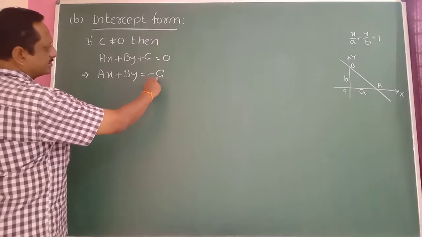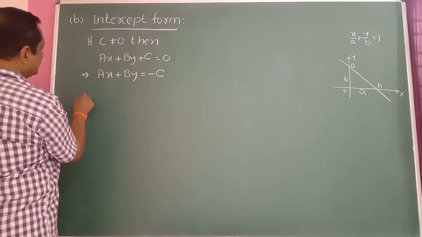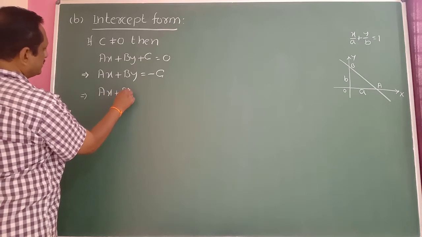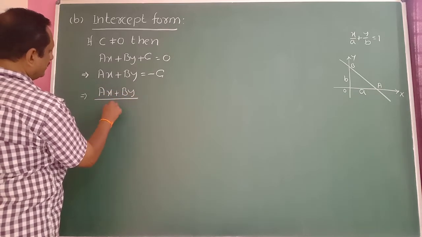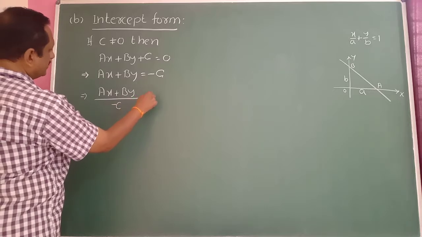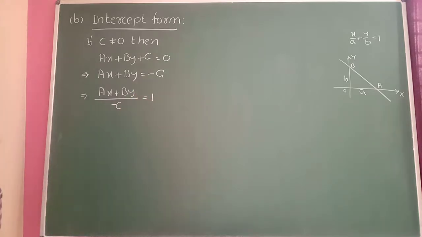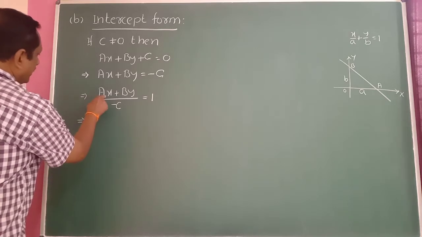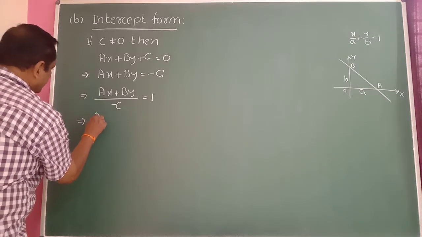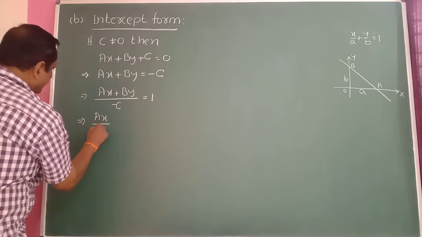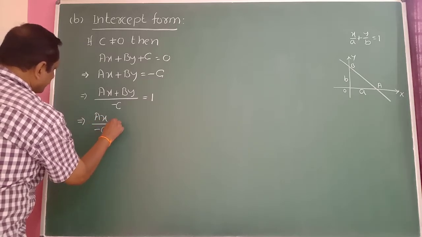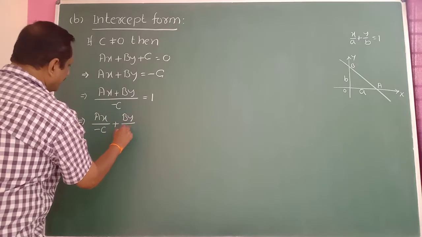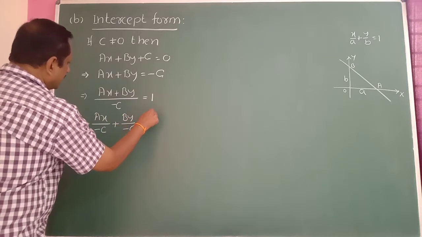Then take minus c to this side, cross multiply. This implies ax plus by divided by minus c is equal to 1. Therefore, ax divided by minus c plus by divided by minus c, that is, b into y divided by minus c, is equal to 1.